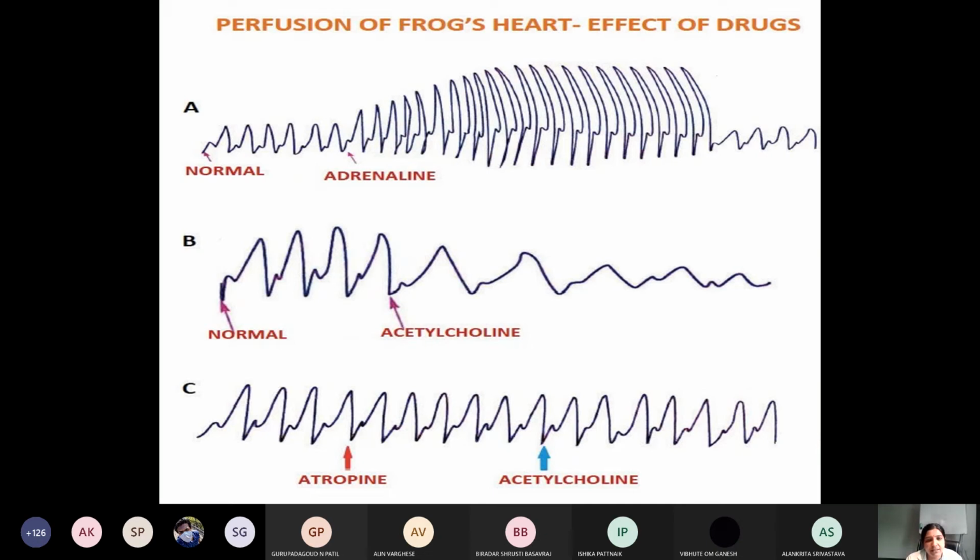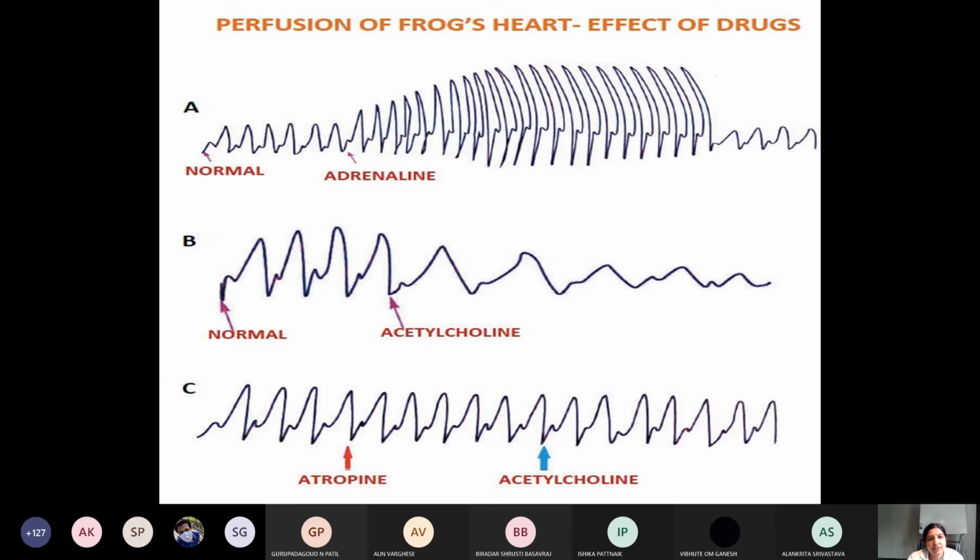It is very typical, is it not? If you see, there is increase in the rate of contraction as well as amplitude of contraction compared to the normal cardiogram. Once the adrenaline is put, there is a gradual increase in rate and force of contraction. So what does it prove?